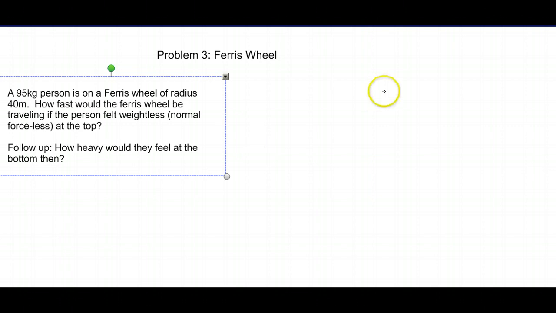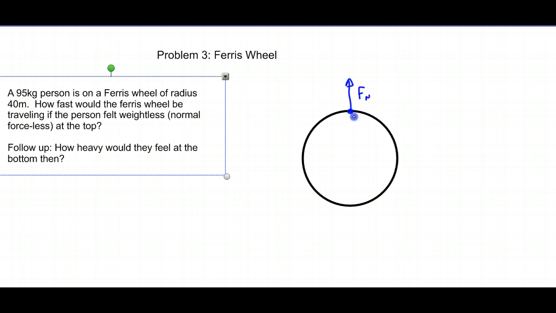So let's go through our steps. First, draw a free body diagram. At the top, we are going to have a normal force, and we're going to have a gravitational force, Fg, going this way. When we feel weightless, remember that means that we have no normal force at the top. So this is equal to 0.